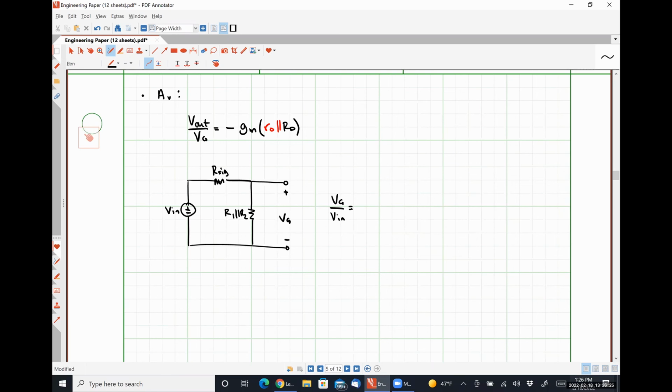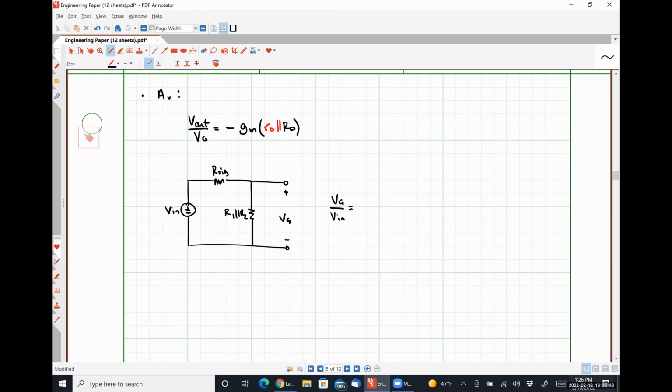Logan, what's that going to be? I disagree, that would give us the drop over R sig, not the drop over R1 in parallel with R2.